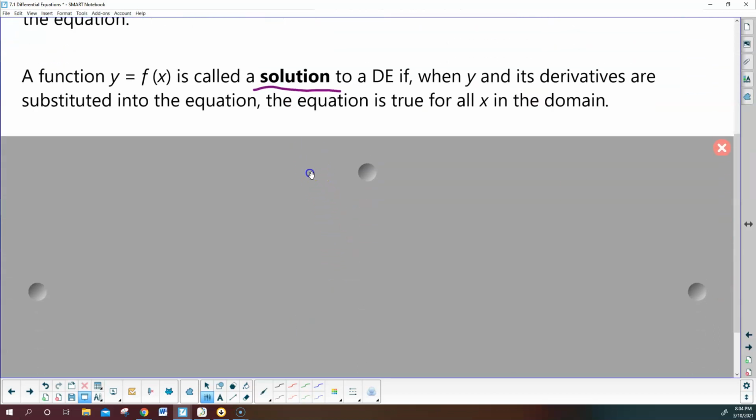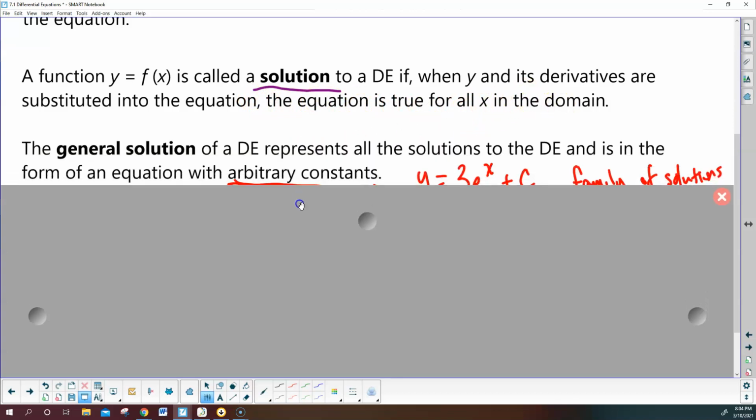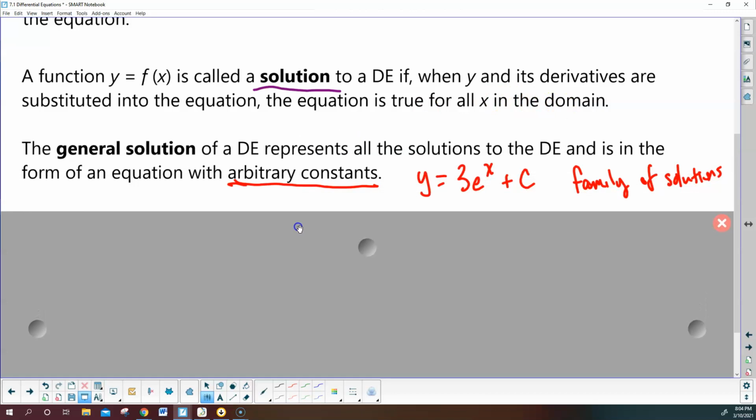So the next part here is what we've really done a lot of so far. Remember, a function y is equal to f of x, those are interchangeable, is called a solution to a differential equation if, when y and its derivative are substituted into the equation, it is true for all x's on the domain. We'll talk a little bit more about domain tomorrow, or the next time we visit this, but remember the two types of solutions we had.